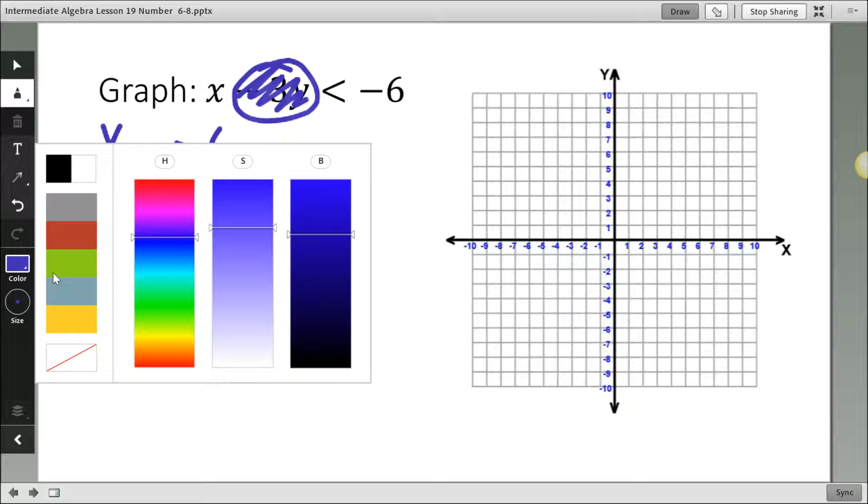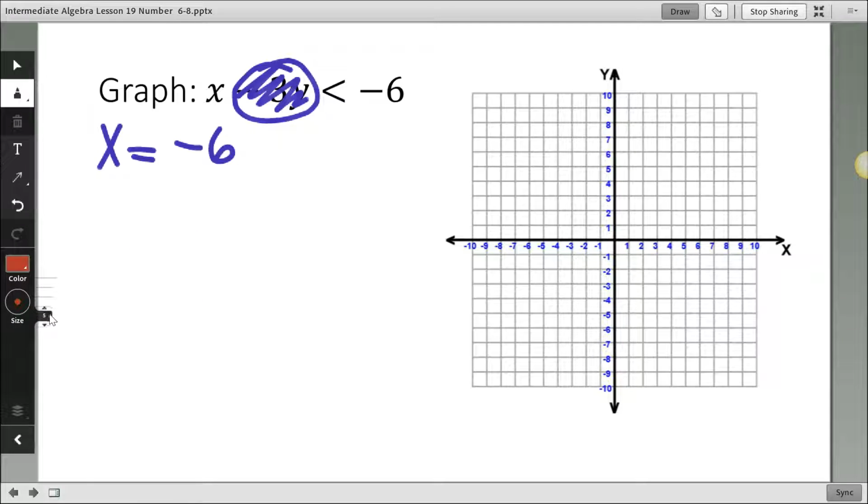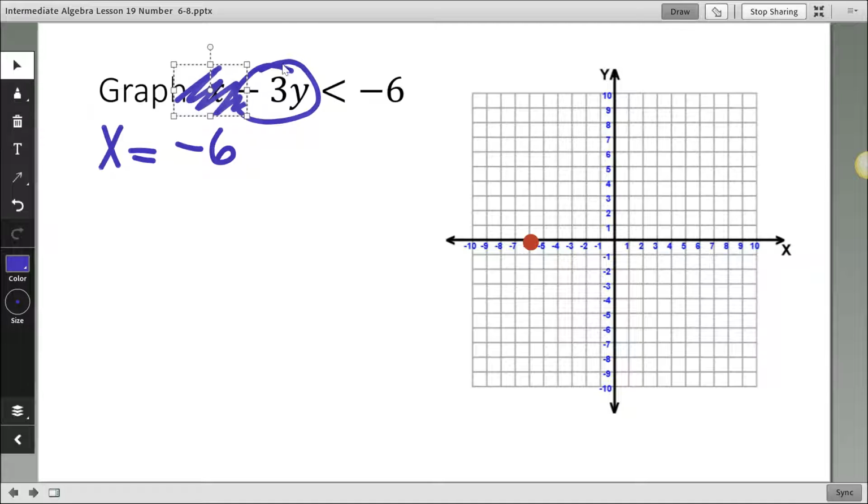So I'm going to plot -6 on the x-axis right there. Now, I'm going to take this, and I'm going to forget that that exists now.